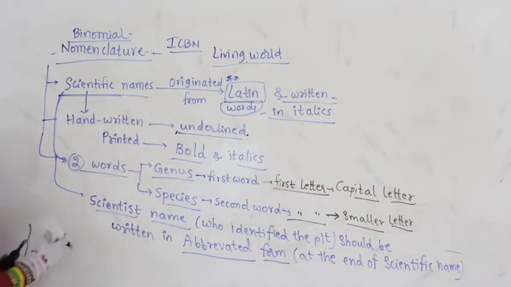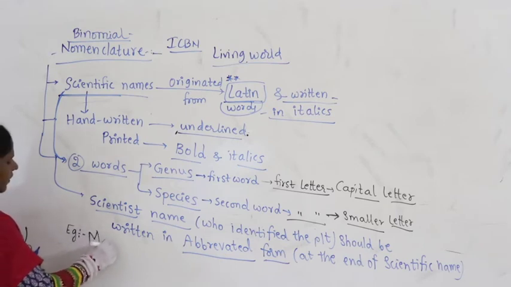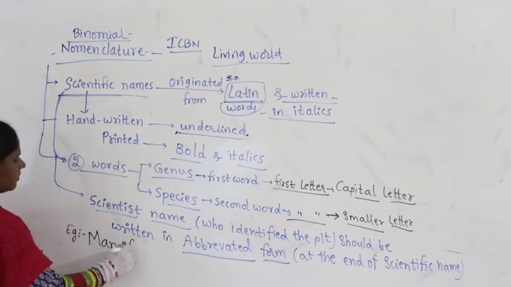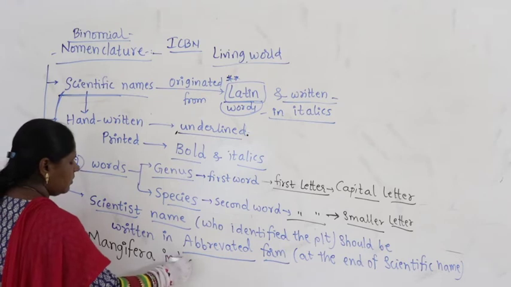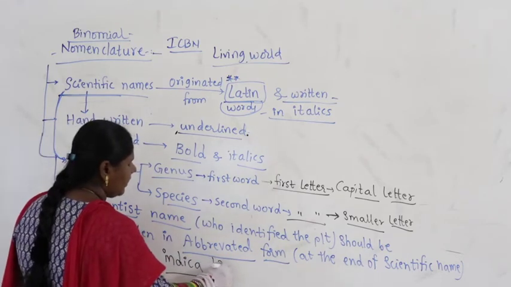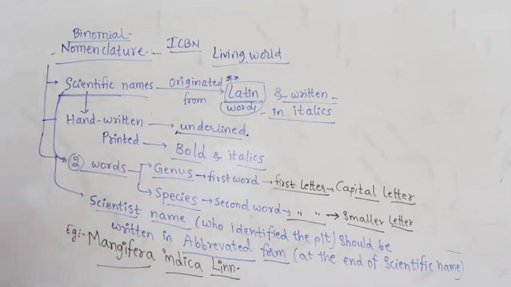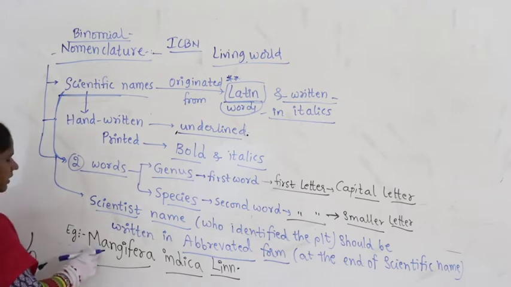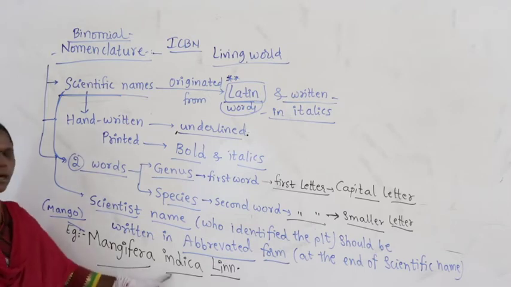I will just give you an example. For example, if you take Mangifera indica, LINN, meaning Linnaeus. So here, you know that it's a scientific name for what? Common name is mango. We all know it very well. Mango, scientifically it is referred as Mangifera indica.